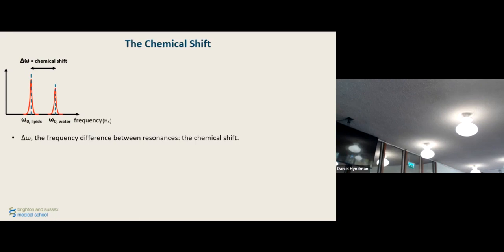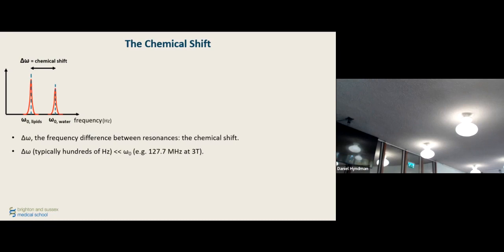So we say that the difference in frequency between those two resonances is called the chemical shift. And the chemical shift is in the order of tens of hertz, hundreds of hertz, thousands of hertz. The resonance frequency, omega naught, is in the hundreds of megahertz. So we're talking about 6 orders of magnitude in difference between those tiny little differences and the basic resonance frequency of those protons.